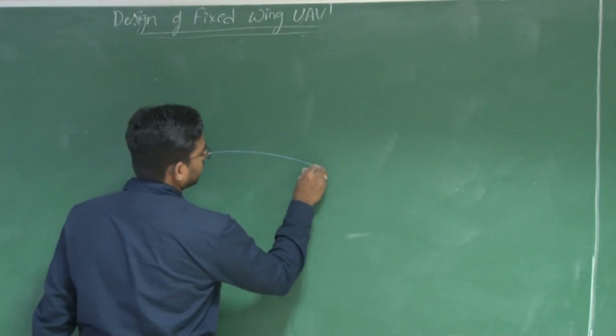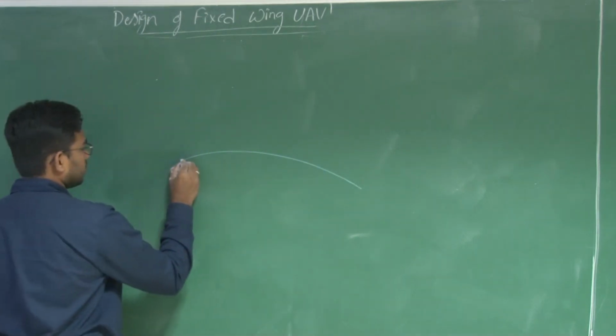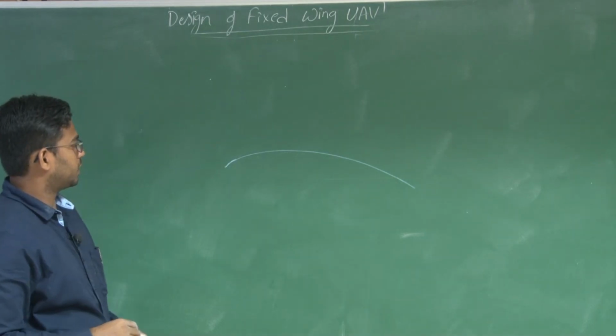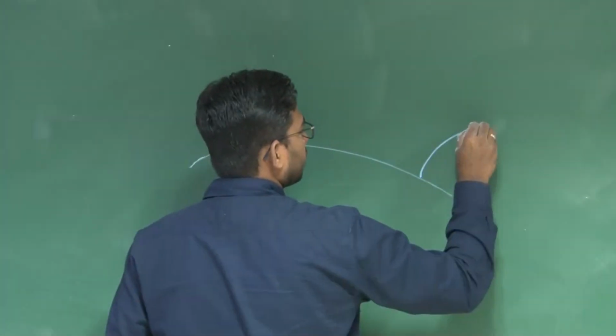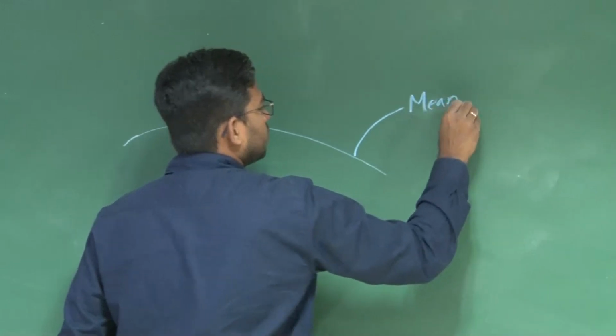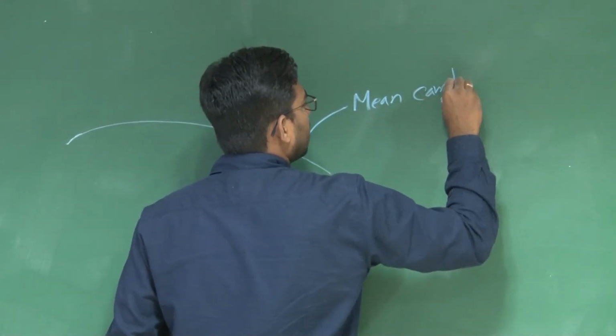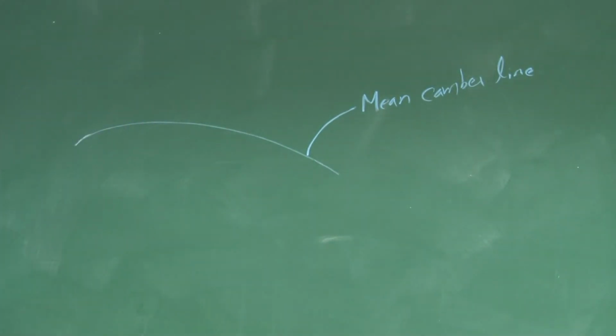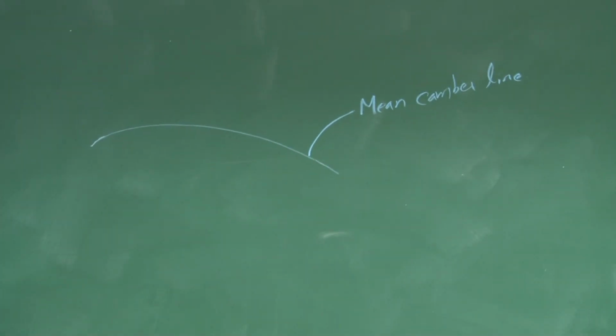So let us consider an arc or a line like this. Let us nomenclature it as mean camber line. So what is this mean camber line?